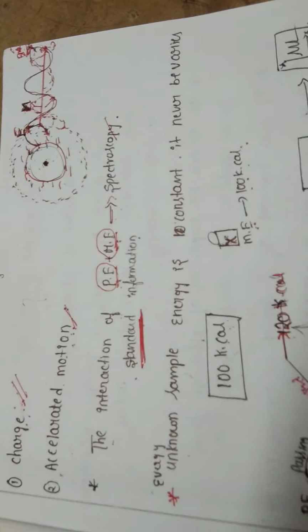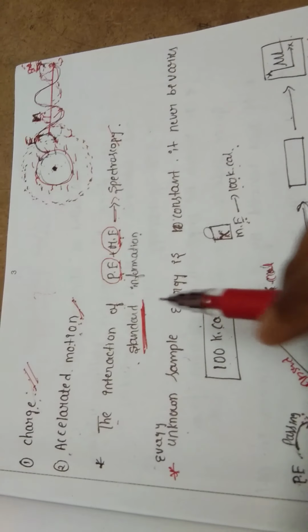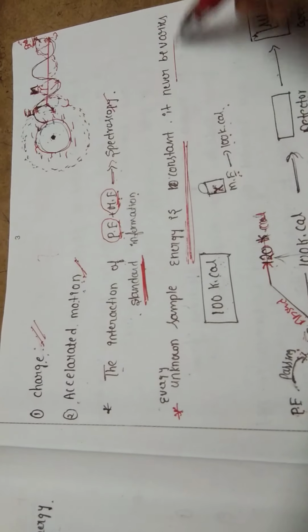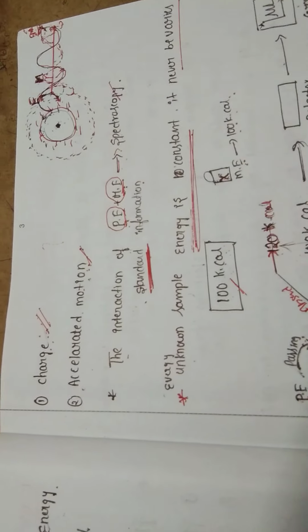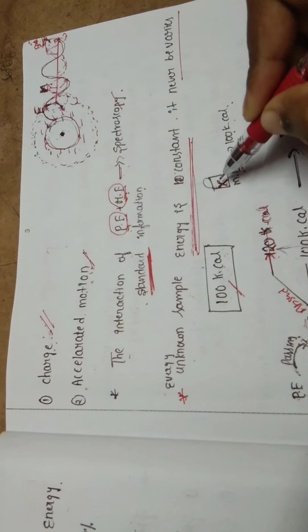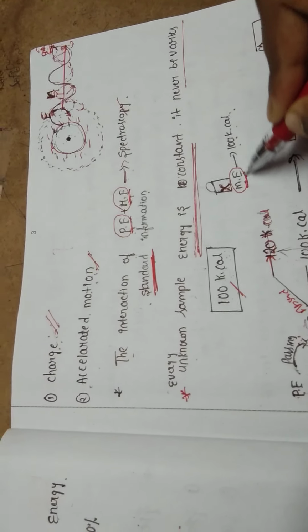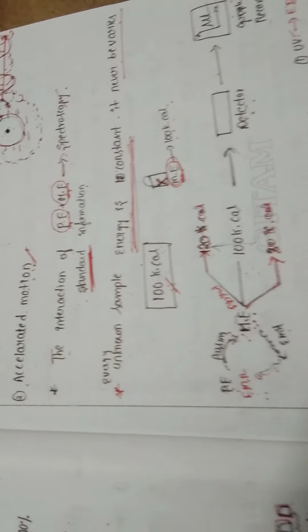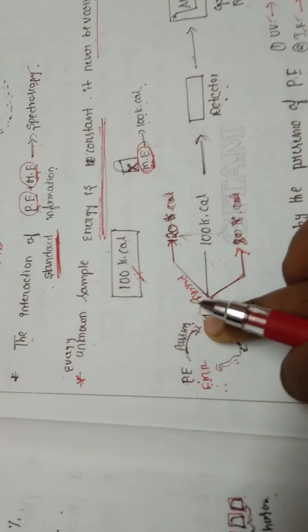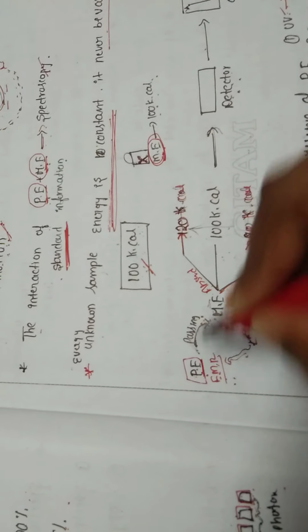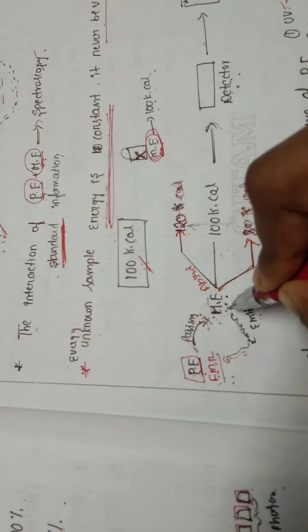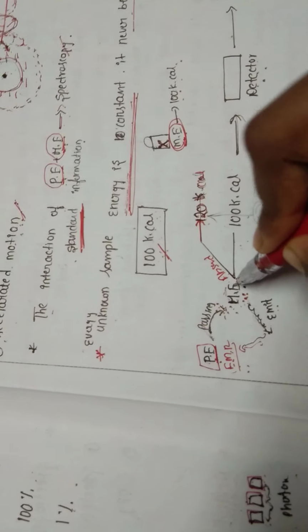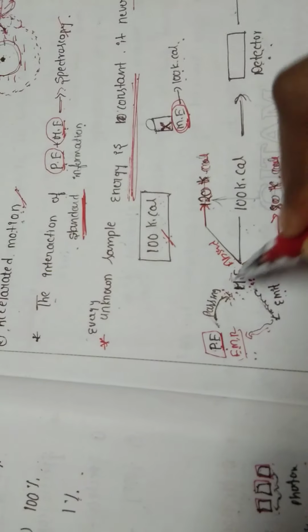If we take any unknown substance, every unknown sample has a constant molecular energy, which never varies. That energy may be 100 kilocalories. If I pass an electromagnetic radiation, that is photon energy, towards the unknown sample, that is molecular energy, it absorbs some amount of energy.